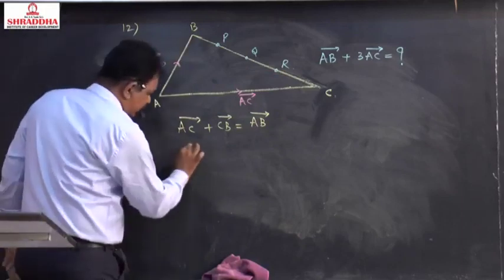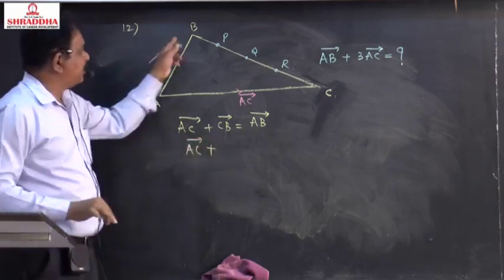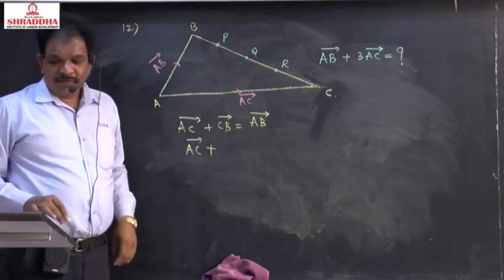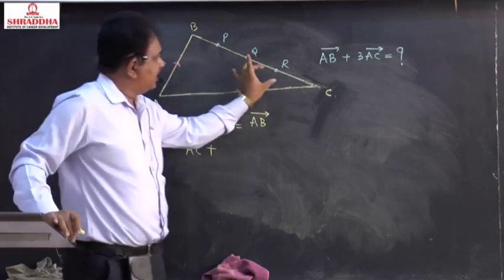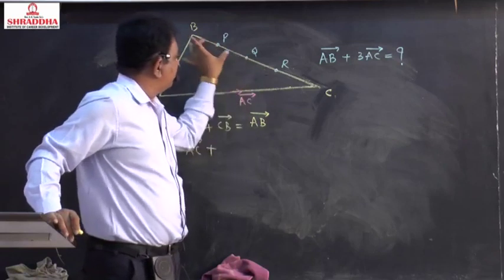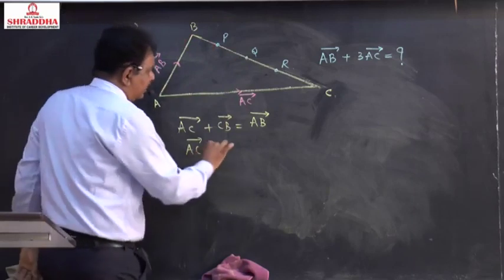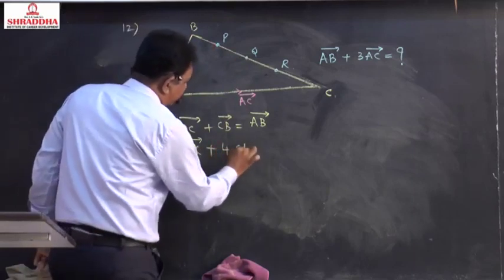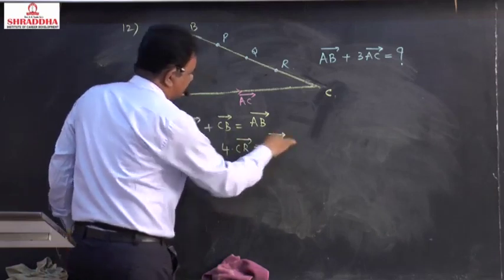So this is AC bar. This CB bar is there, no? This CB bar, all are the same. CR, QR, PQ, PB, all are the same. I am writing 4 into CR bar is equal to AB bar.